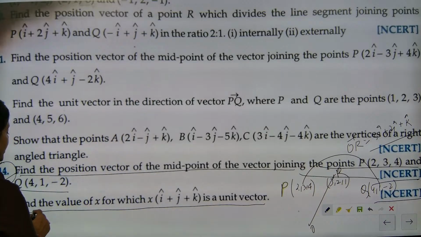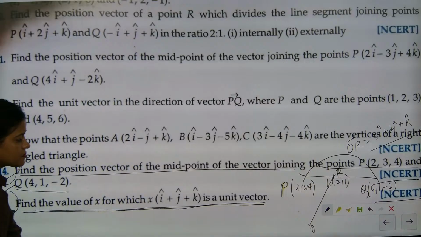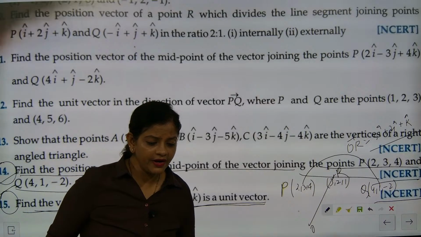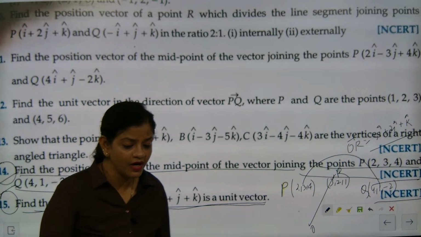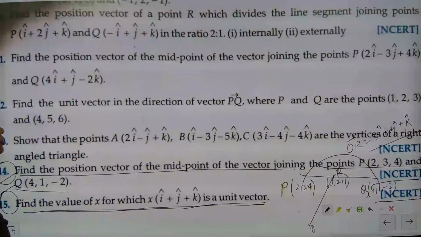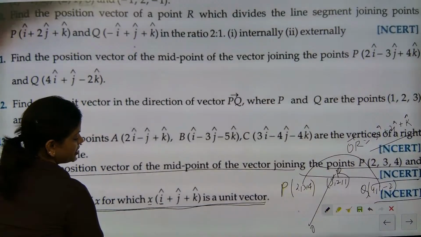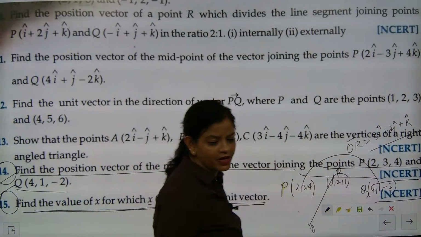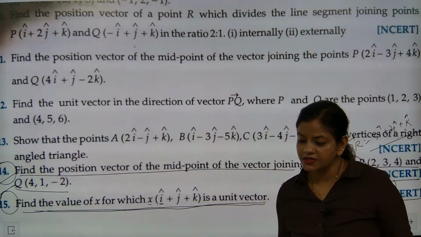Now here, find the value of x for which this is a unit vector. Whenever you are finding a unit vector, its magnitude will become 1. This vector multiplied by x is a unit vector, so its magnitude will become 1. Carefully work this question and solve for the answer.